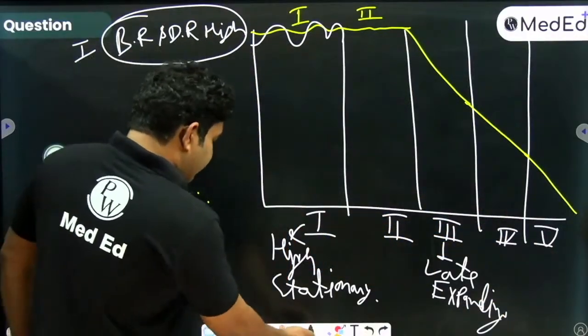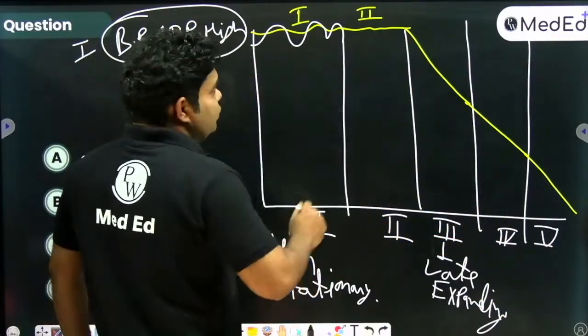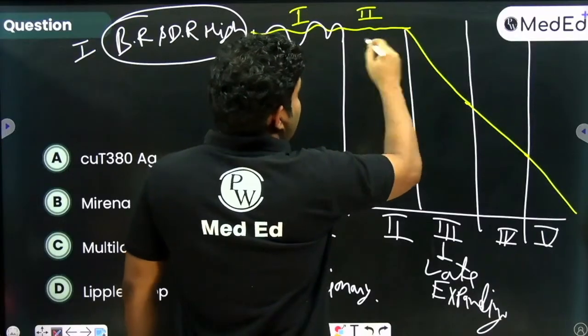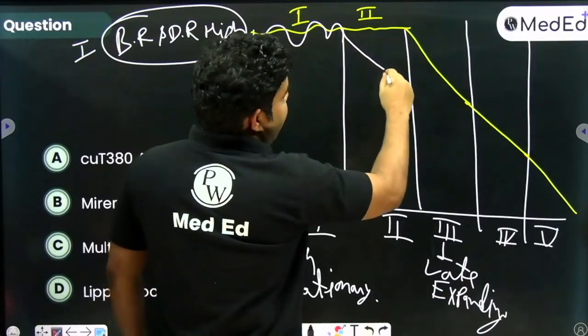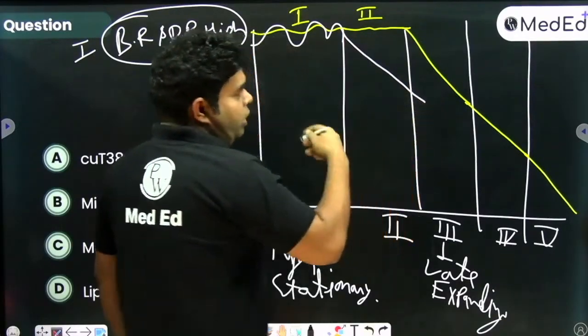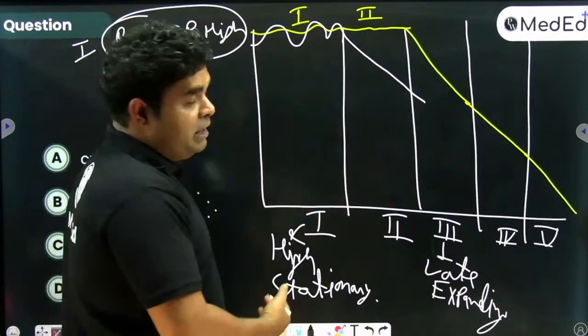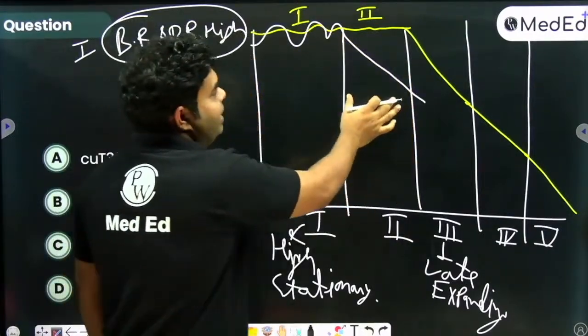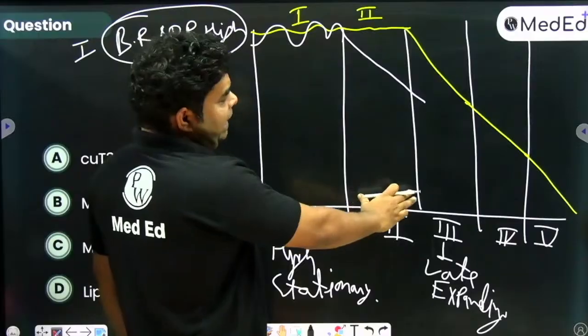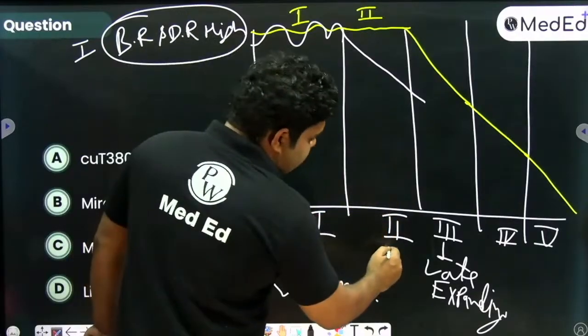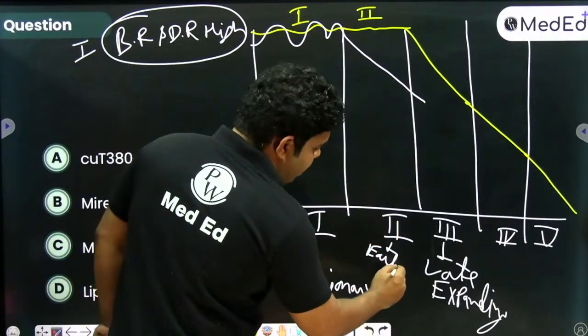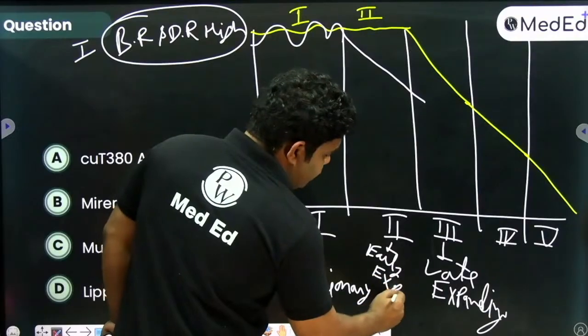When it comes to the death rate, it starts decreasing in the second phase only, because delivery starts occurring in government hospitals. So death rate starts decreasing in the second. After 1950 till 1990, India was in phase 2. This phase is of course known as early expanding.